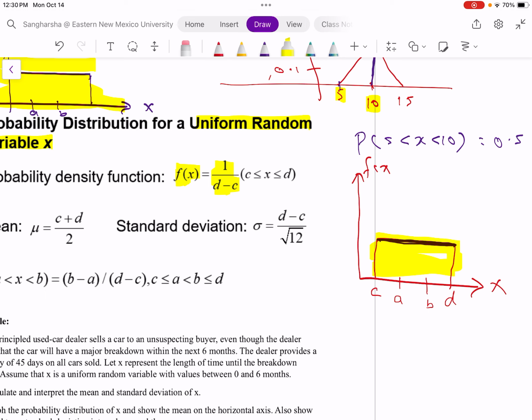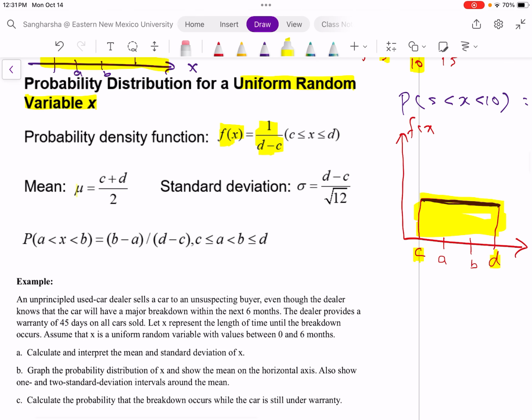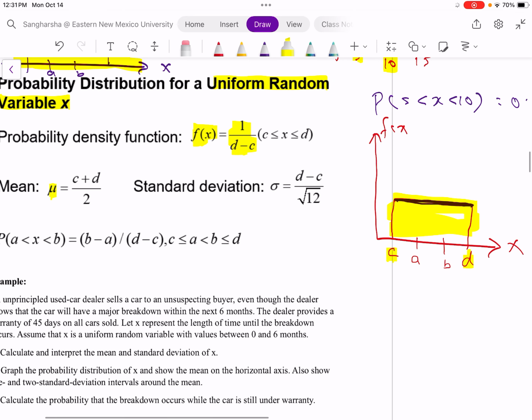So f of x is simply equal to 1 over d minus c, and make sure your c is the starting point for the function, and d is the ending point for the function. The mu is the mean, or expected value. This expected value is the average of c and d, so c plus d divided by 2 is the mean.